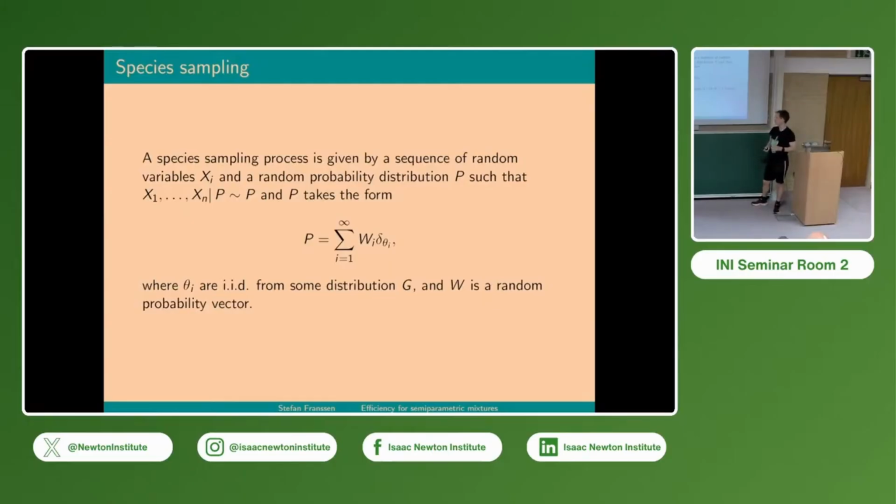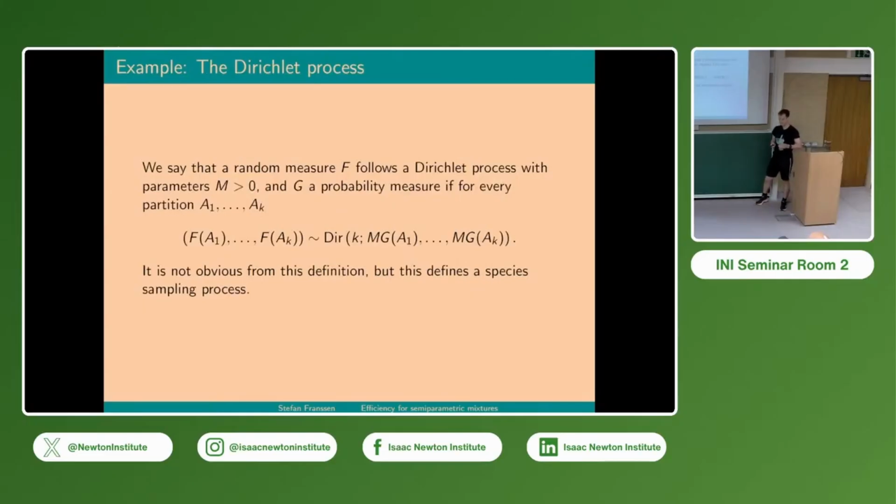Some people would call this a proper species sampling model, but for this presentation, we call this species sampling. This is what people use to model distributions. There are some important examples in Bayesian inference. For example, the Dirichlet process is one of the cornerstones in mixture models, and people use this one all the time for creating mixture models or estimating distributions.